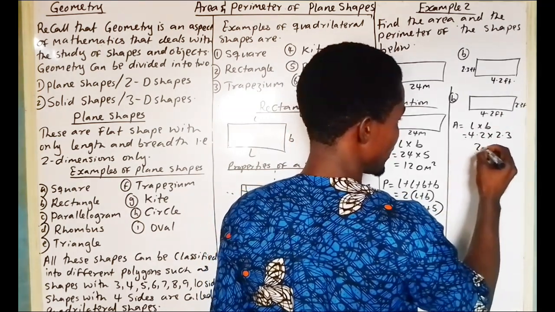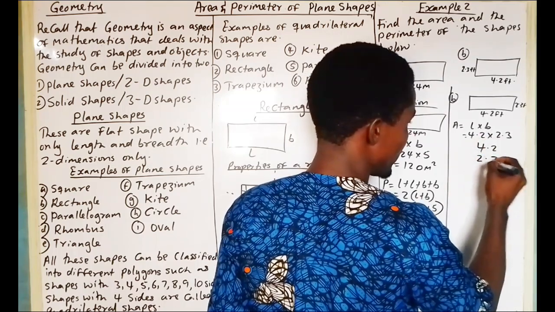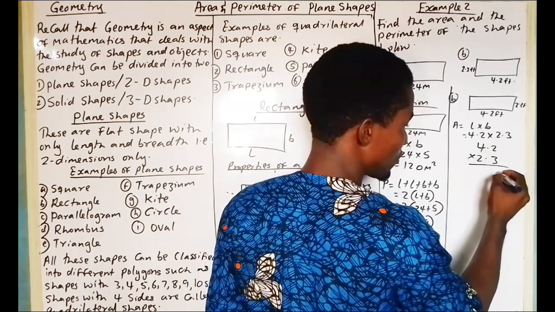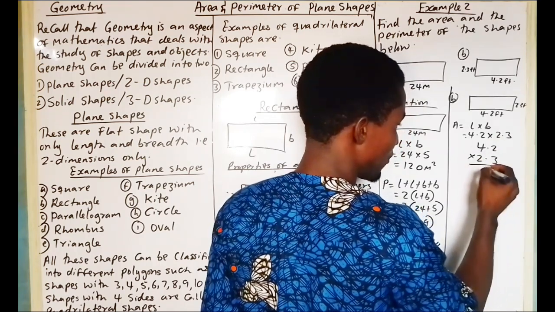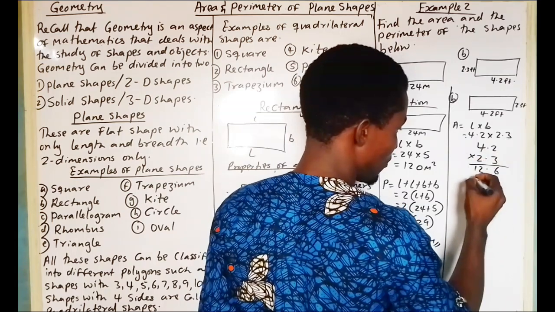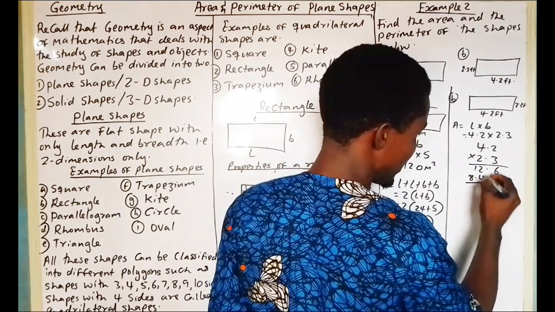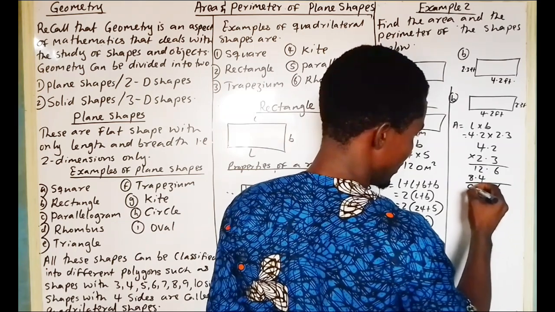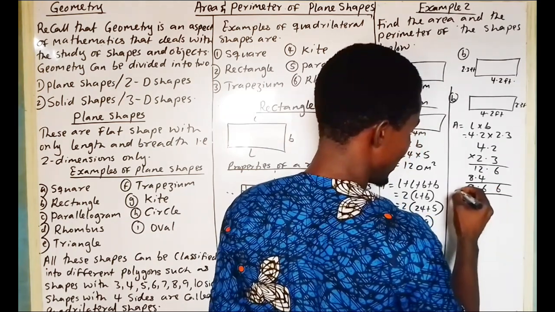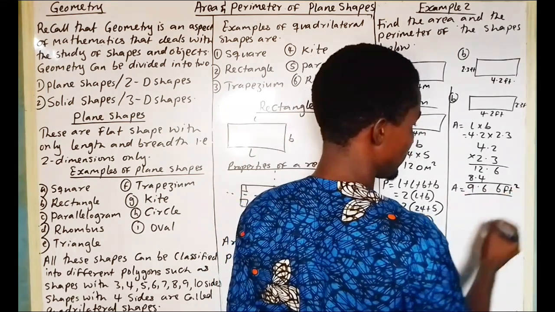Now let's multiply this. 4.2 times 2.3. 3 times 2, that's 6. 3 times 4, that is 12. 2 times 2, that is 4. 2 times 4, that is 8. So let's sum up our numbers. Our area now equals 9.66 feet square.